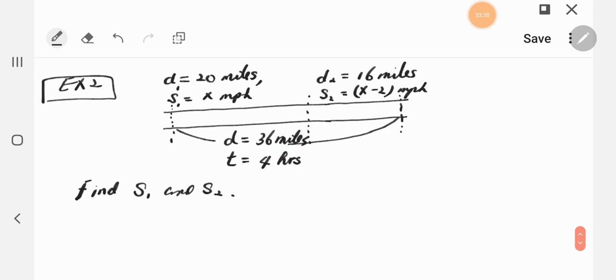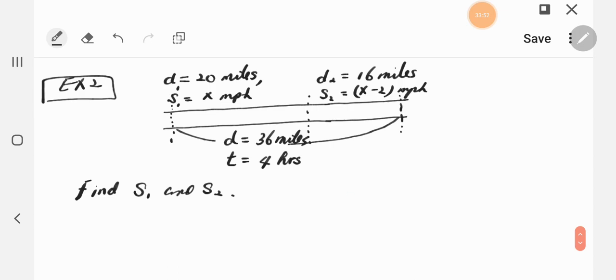So that's the question. We want to find the speed of the first section, the speed for the first 20 miles, and speed 2, which is the speed for the last 16 miles. So let's find speed 1 and speed 2. From this, we can use an equation.